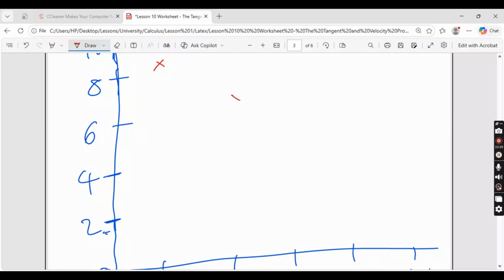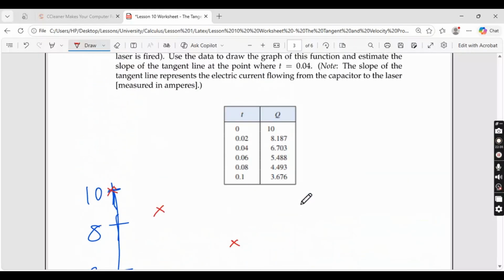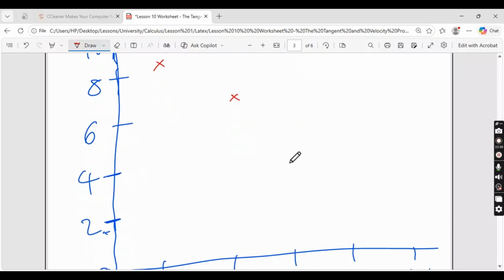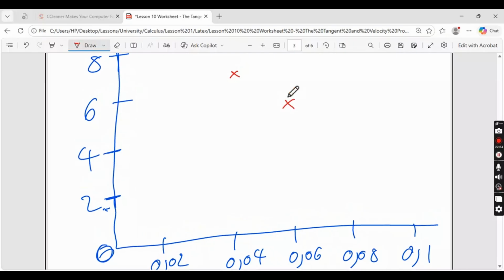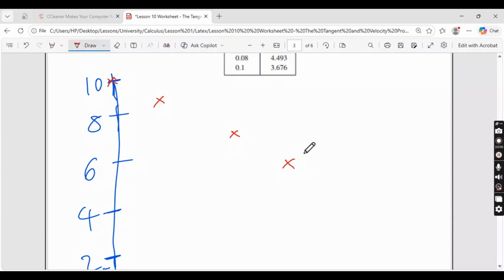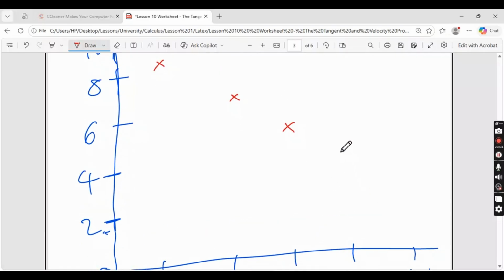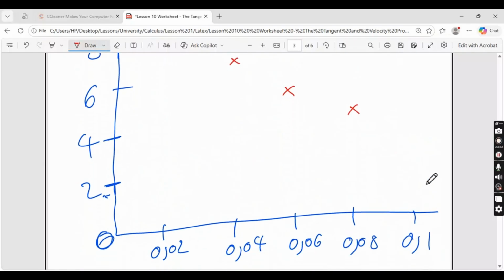Somewhere here, I think. 0.06, 5.488. 0.08, 4.4. 0.1 and 3.6.